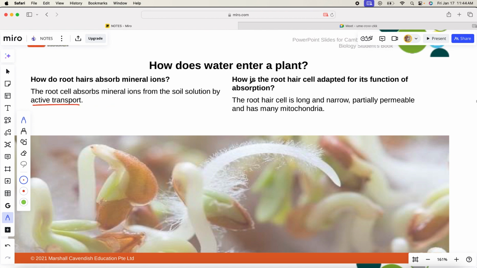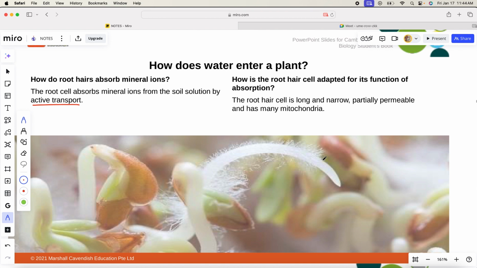Now, how are the root hair cells adapted for their function of absorption? I've already explained that. The root hair cells are long and narrow, and partially permeable. You can see how long it is, and it's very narrow. It has a partially permeable membrane and has many mitochondria. Mitochondria provide the energy for active transport to take place.